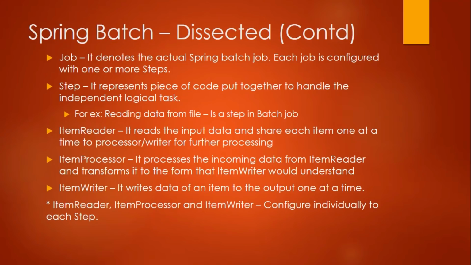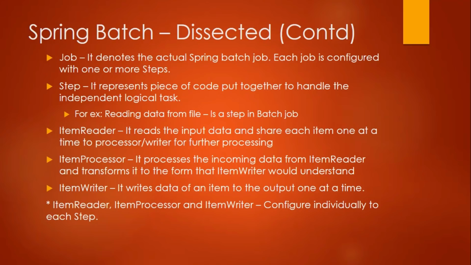At the end, a CSV file will be created, and it will be the output of your batch job. And the last thing is, each step has to be configured with an individual item reader, item processor, and item writer, right? If you want to handle two different data sources, you need to create two steps, and each step has to be individually configured with item reader, item processor, and item writer.